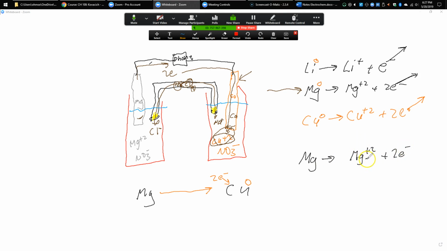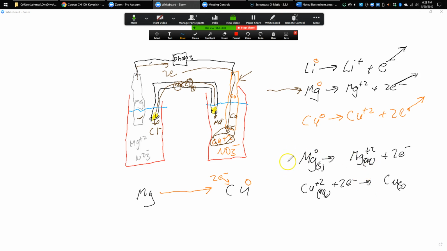So this would end up becoming aqueous, and it started off as a solid with an oxidation state of 0. And then the copper started off as copper plus 2 that was aqueous, and then I added 2 electrons to it, and it became copper that was a solid. These reactions have the same number of electrons, so you just cancel them out.